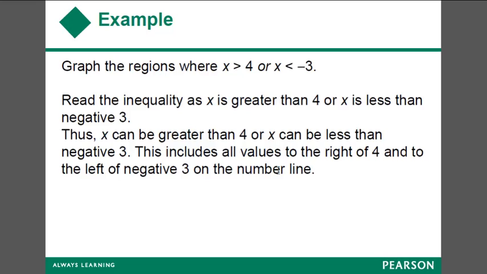This includes all values to the right of 4 and to the left of -3 on the number line. So we go to 4, we have an open circle because it's strictly greater than, and we shade to the right. We go to -3, we put an open circle, and we shade to the left. Since it says OR, this is our solution, because it can be either one.